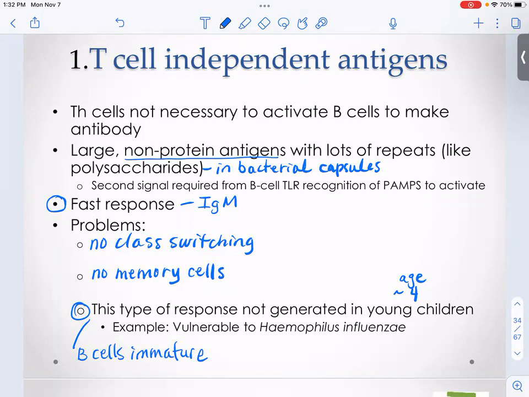One example of a pathogen with a T independent capsule around it is this bacteria, Haemophilus influenzae. That's a pathogen you don't hear that much about because, again, adults don't have any problem with it.